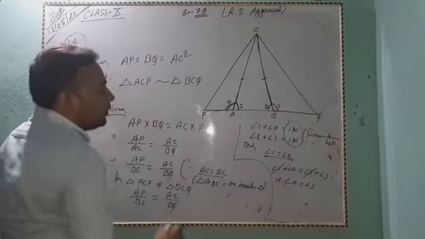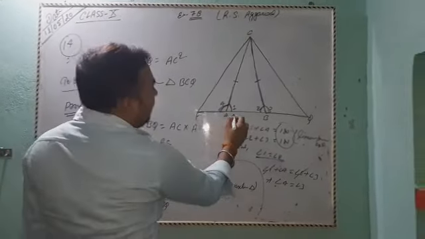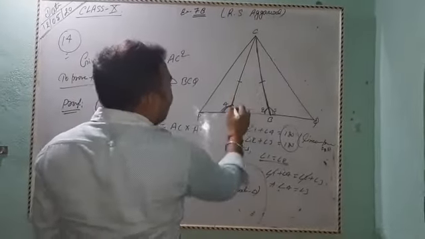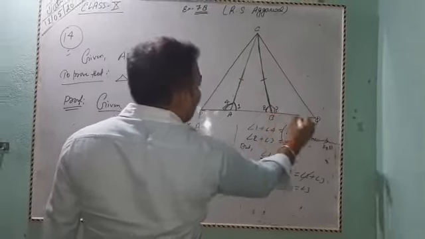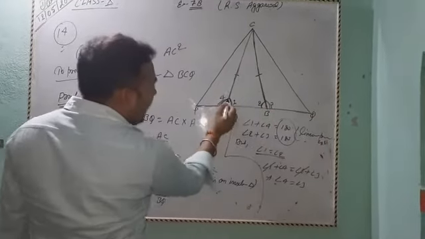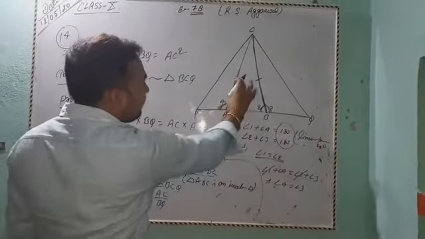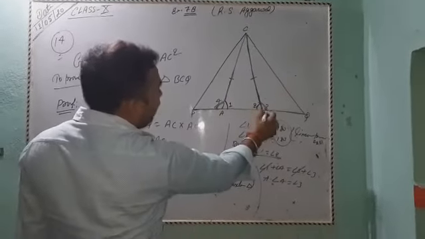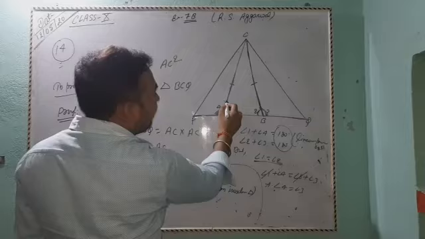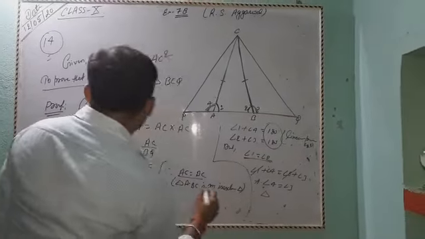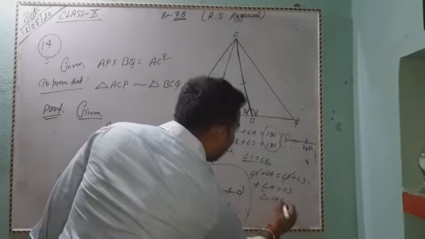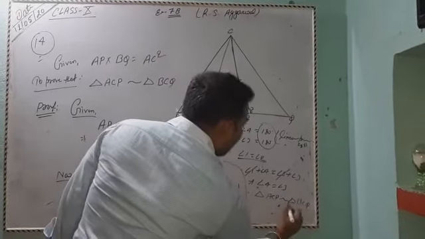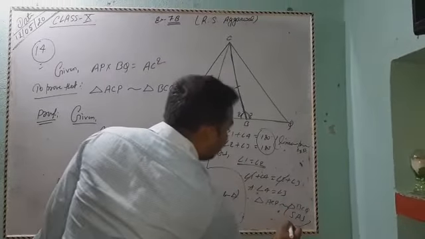So AP by BC and AC by BQ, and the included angle between AC and AP, angle 4, and between BQ and BC, angle 3, are both equal. तो साइड एंगल साइड से दोनों triangle ACP is similar to triangle BCQ. Side angle side. Okay.